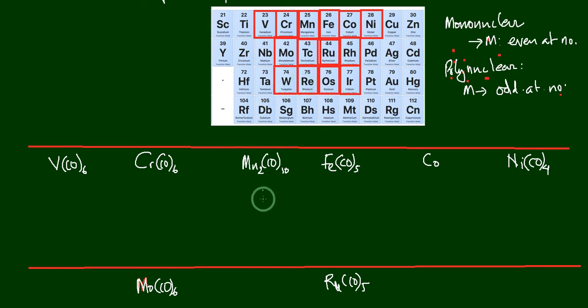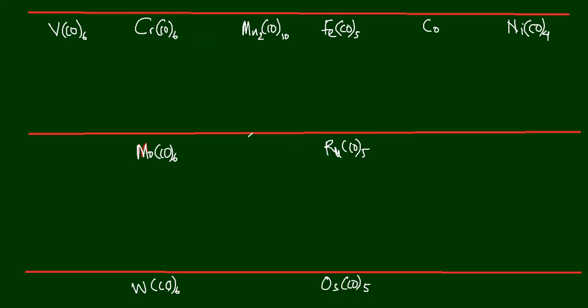They also give polynuclear complexes. For example, technetium gives Tc2(CO)10. This is also a polynuclear carbonyl complex.